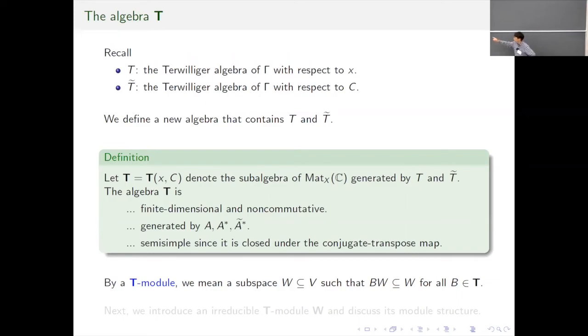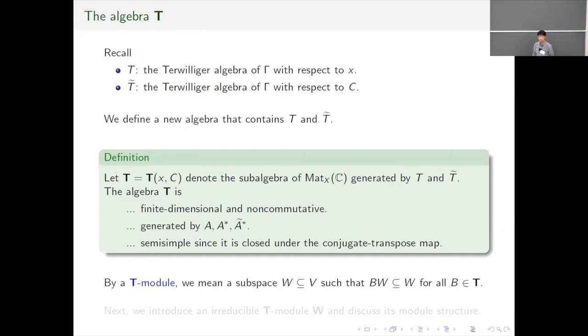And also one more relation: A star and A star tilde commute. So T algebra is a very powerful tool to study Q-polynomial distance-regular graphs. I hope this algebra, being a little bigger, means we may say more, right?